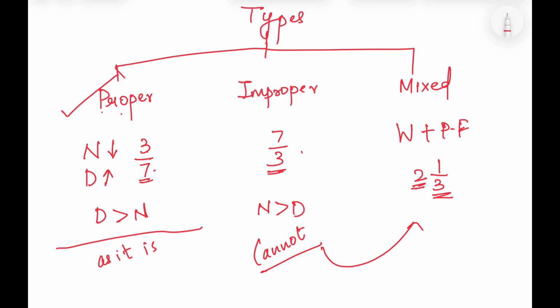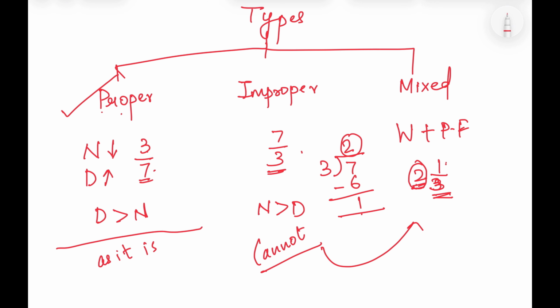Simply divide. What I did here, I just divided 7 and 3. 3 2s are 6, and what is the remainder? 1. The denominator does not change. The denominator is as it is. Whatever is the quotient comes here, and the remainder goes on top. So 2 and 1 by 3. This is what I get when I convert 7 by 3 into a mixed fraction.